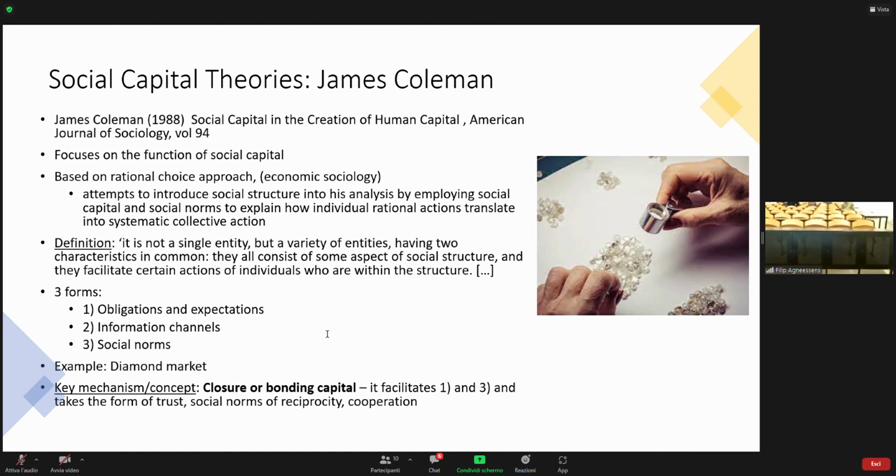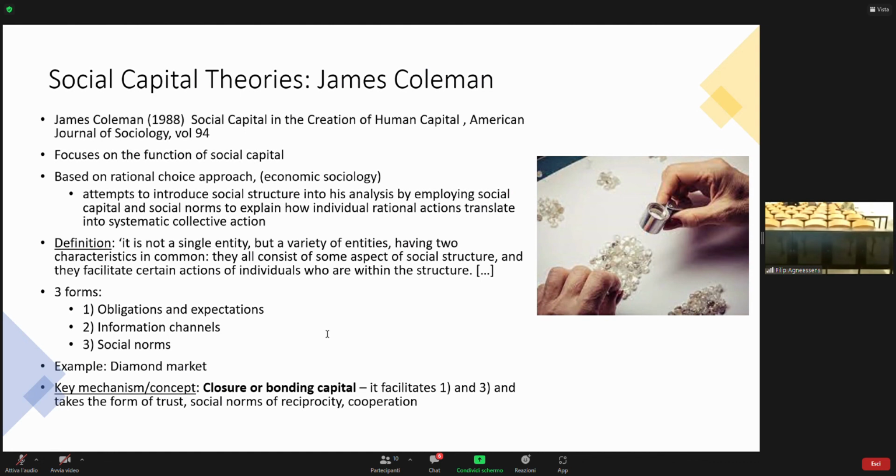So he said that there are three forms of social capital, which could be obligations and expectations, information channels, and social norms.